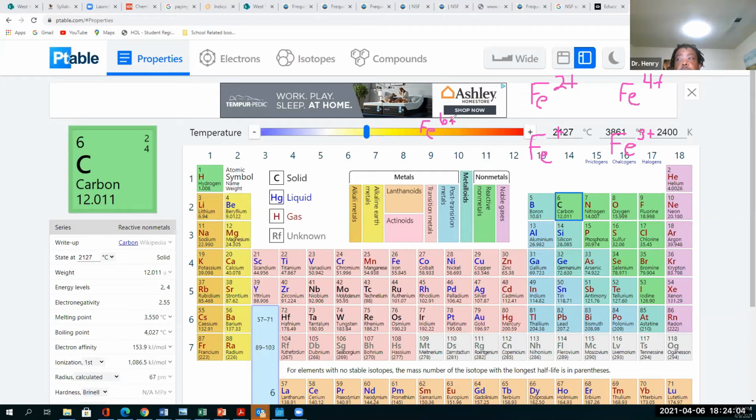Okay. So because of that, transitional metals have to be named differently. We have to use Roman numerals. You guys know what Roman numerals are, right? I, IV. So we use Roman numerals to name these metals.